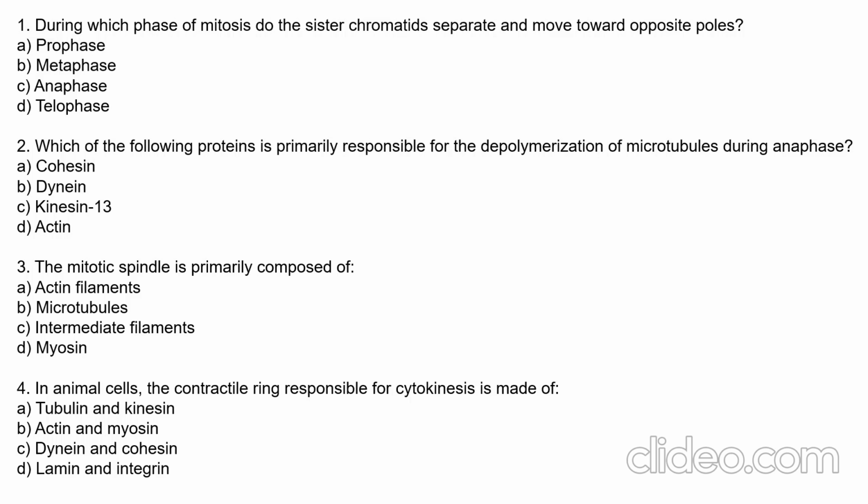So this contractile ring, which is important for closing in on that boundary and making sure the cells separate during cytokinesis, works with the contractile force generated by actin and myosin. Great, so it looks like you guys have the concepts down here.